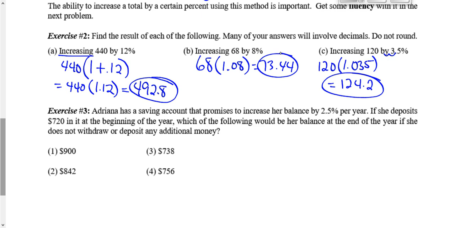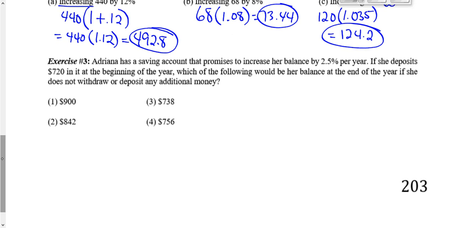Isn't that kind of obvious? And again, when I do 1 plus, doesn't it make this b greater than 1 for growth? And maybe at some point, we'll end up doing 1 minus, like if something is getting smaller, right? And 1 minus, like 0.08 would be 0.92, wouldn't it? Just thinking ahead. All right, exercise 3.